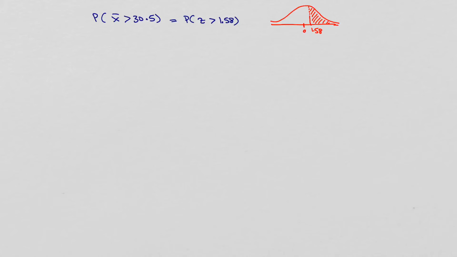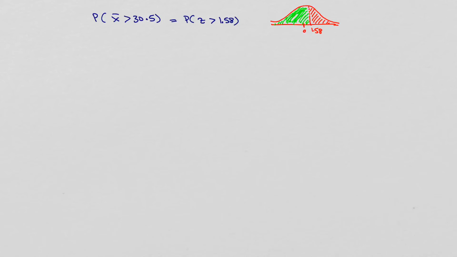Now we can't get greater than on our normal distribution tables. Instead, we have to find 1 minus less than all of that. If I shade in, let's say in green, everything that is less than 1.58, that can be found using my normal distribution tables. But I don't want the green area, I want the red area, and the green and the red together make 1.